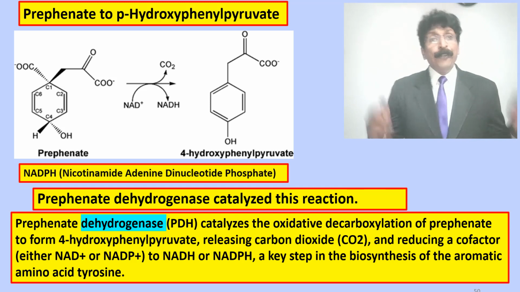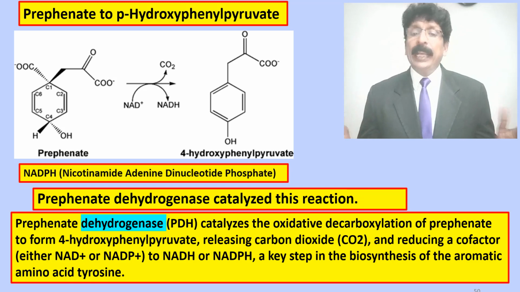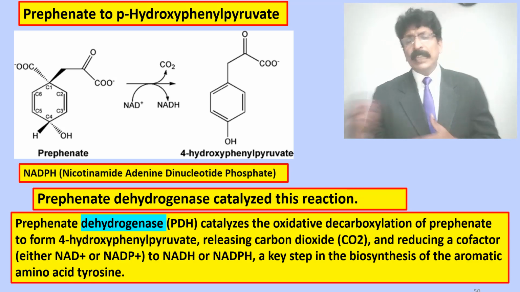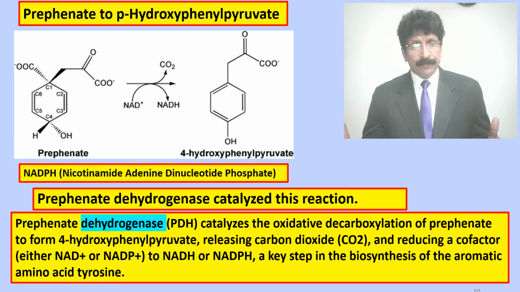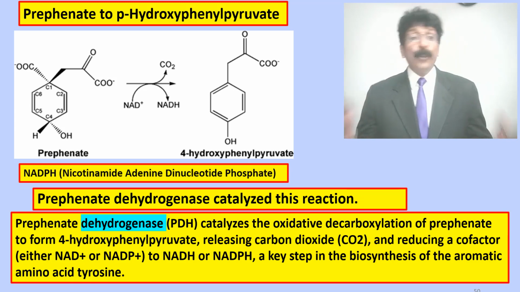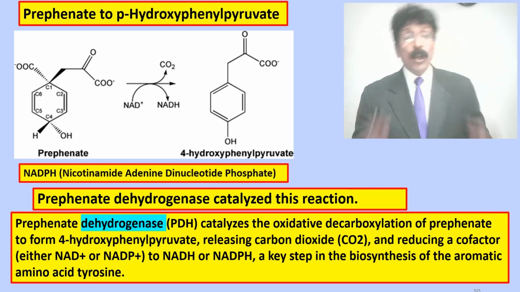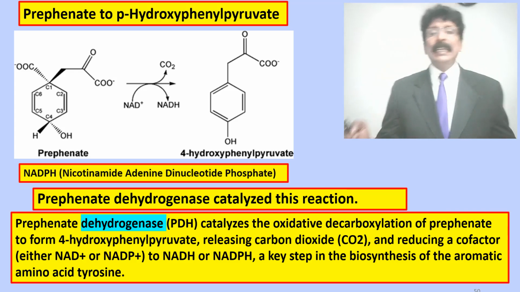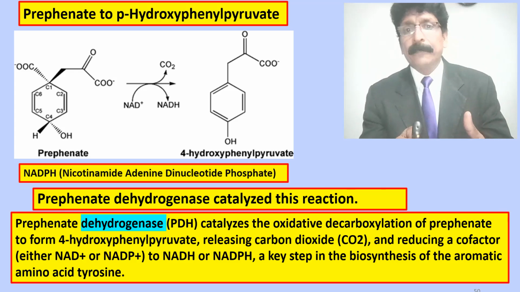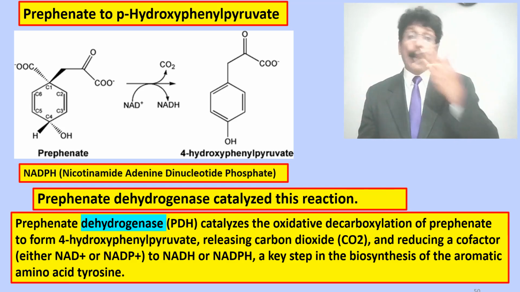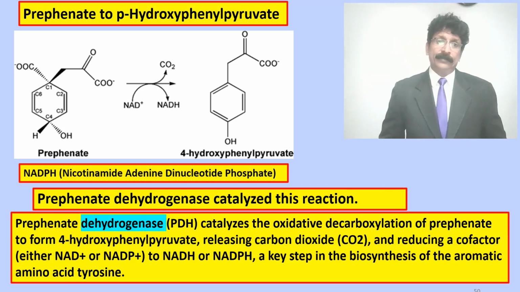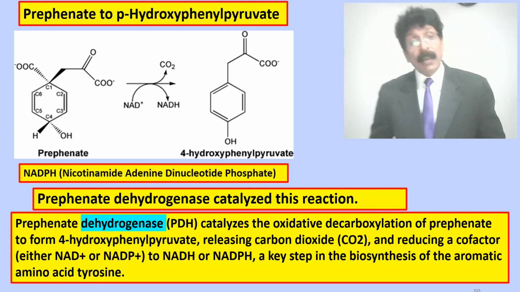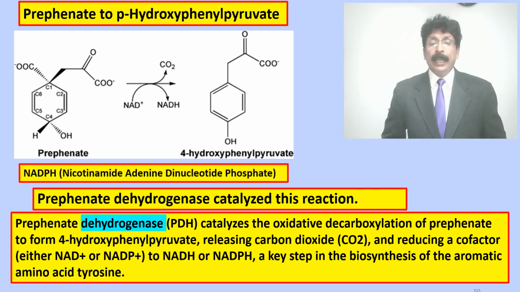The prephenate dehydrogenase, PDH, catalyzes the oxidative decarboxylation of prephenate to form 4-hydroxyphenylpyruvate, releasing carbon dioxide and reducing a cofactor, either NAD or NADPH also can be given.